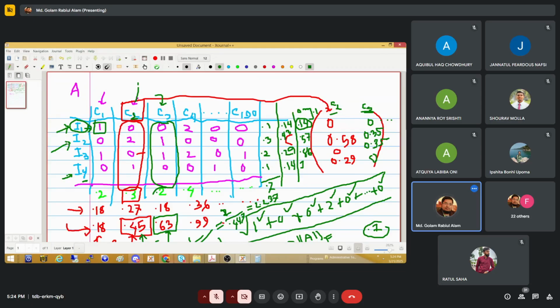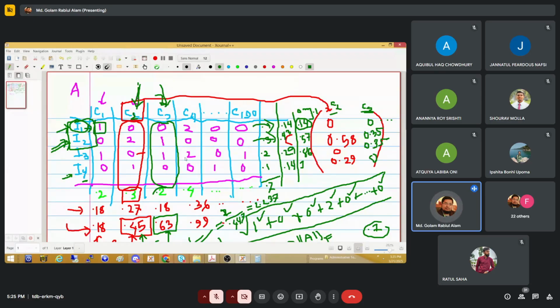So I1 and I2 means this row and this row, and this column and that column.